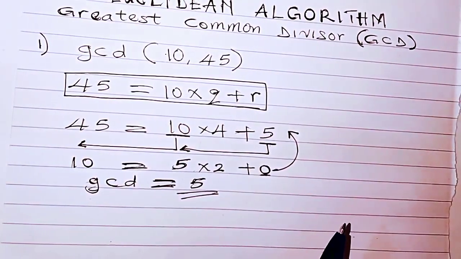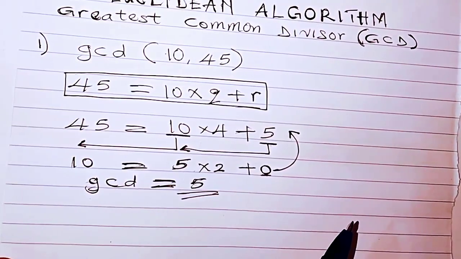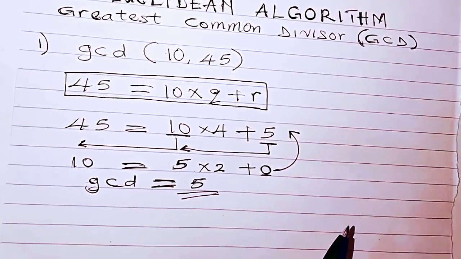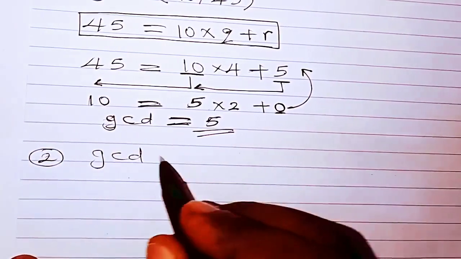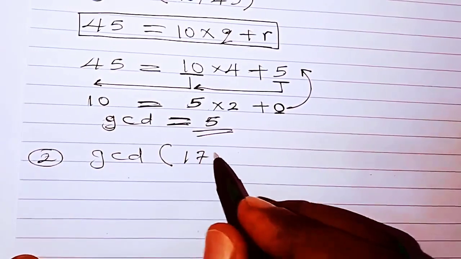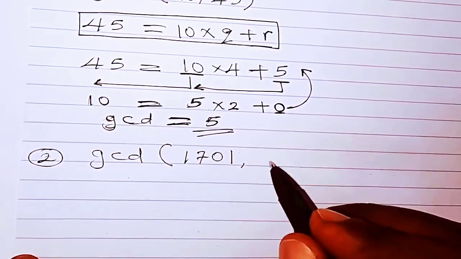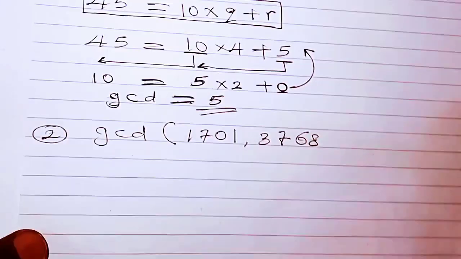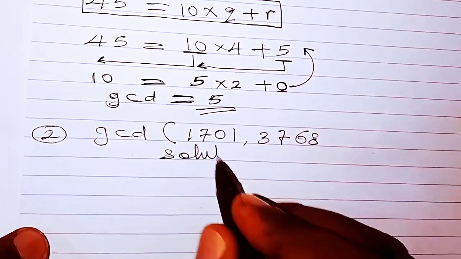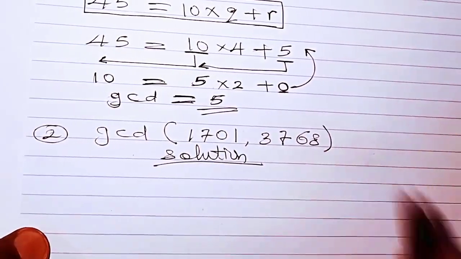The second question we have there is 1701 and 3768. So we're to calculate the GCD of 1701 and 3768. Calculating this, the solution is pretty easy. So let's go for the solution here.